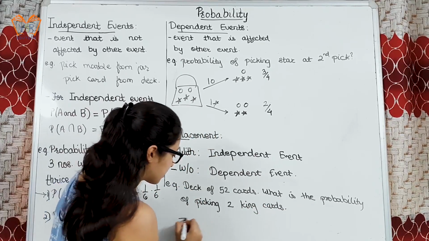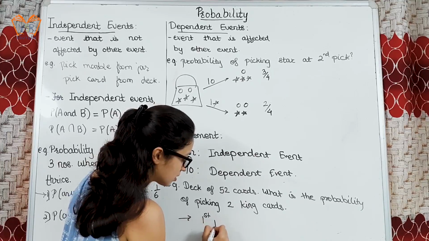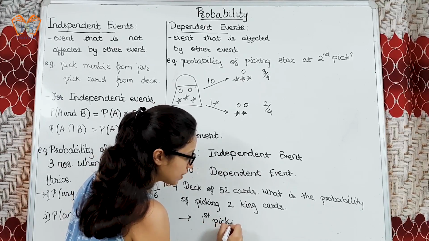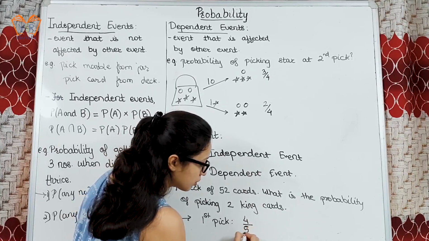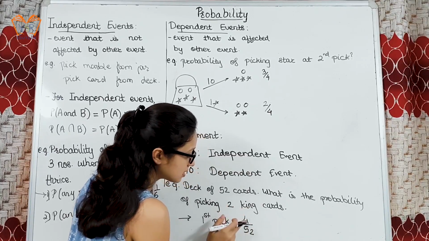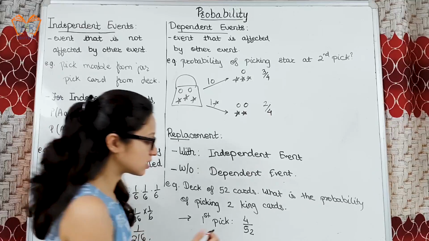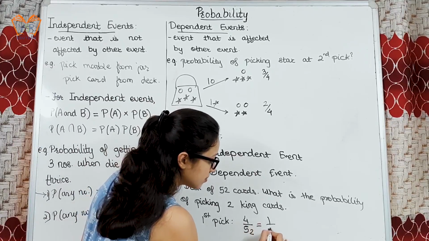So for the first pick, the probability of picking the first king card will be 4 by 52, because we know there are 4 king cards and there are 52 total cards. So this will be 1 by 13.